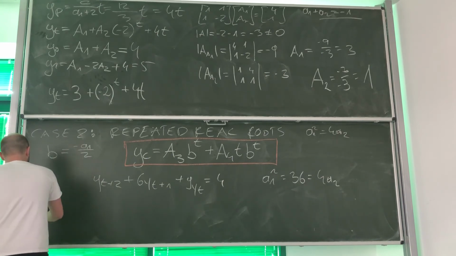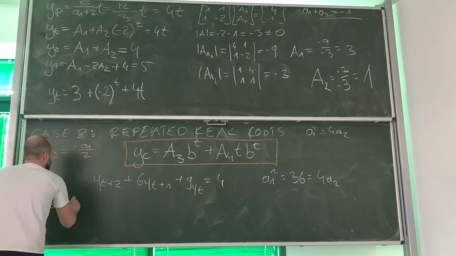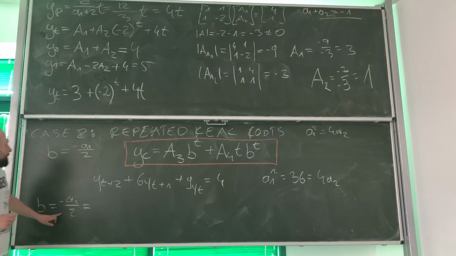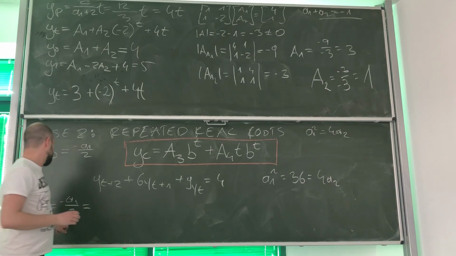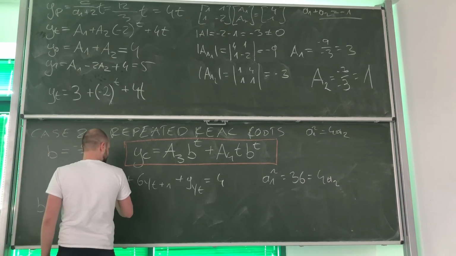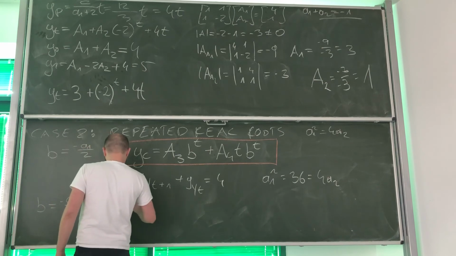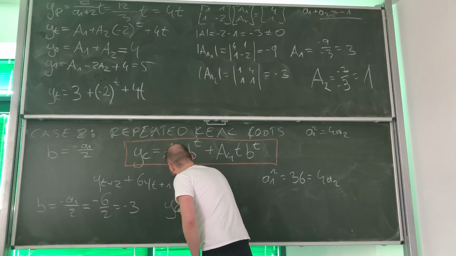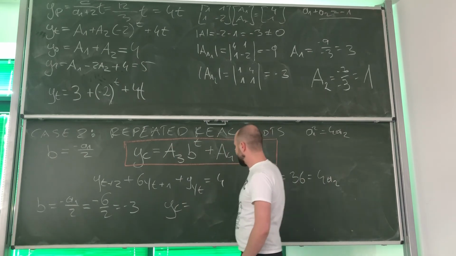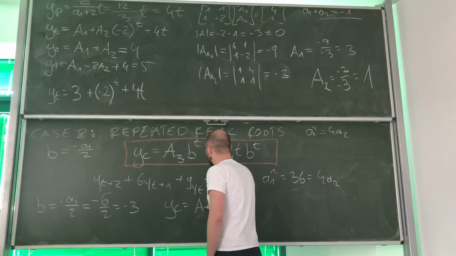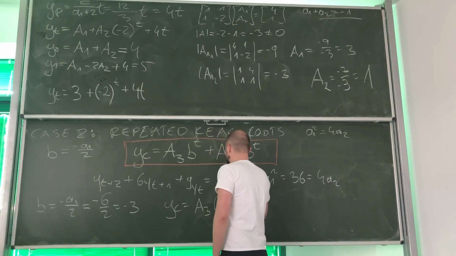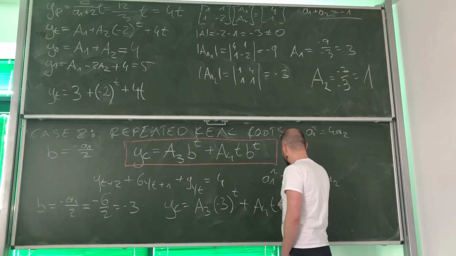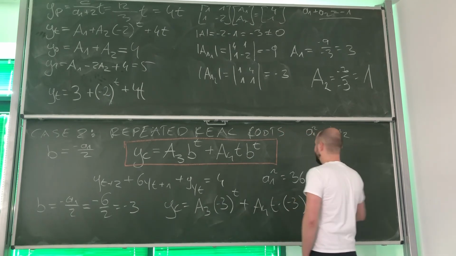Okay, so what are those roots? Well, b is equal to negative a1 over 2. So this is negative 6 over 2. This is negative 3. Right? So the complementary function here is going to be a3 negative 3 to the power of t plus a4 t times negative 3 to the power of t.